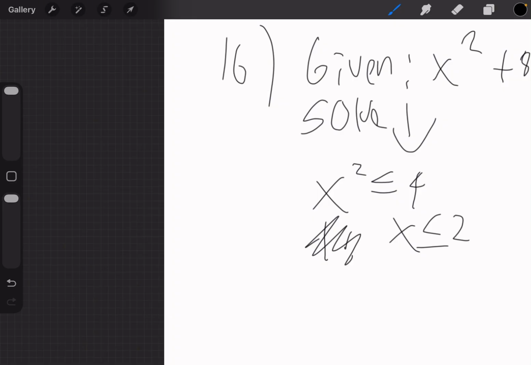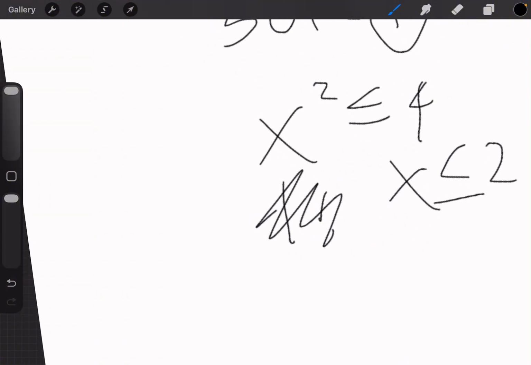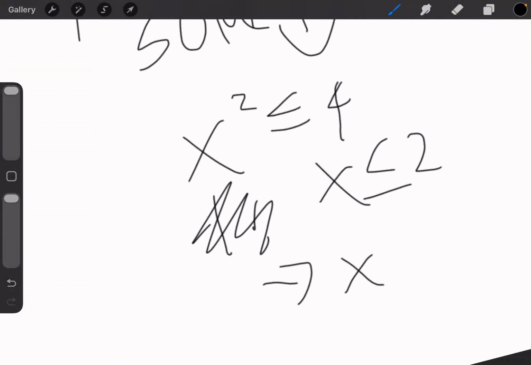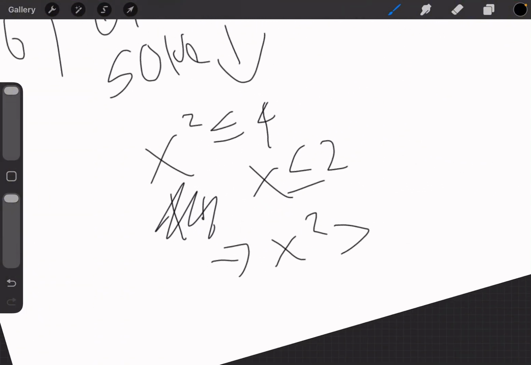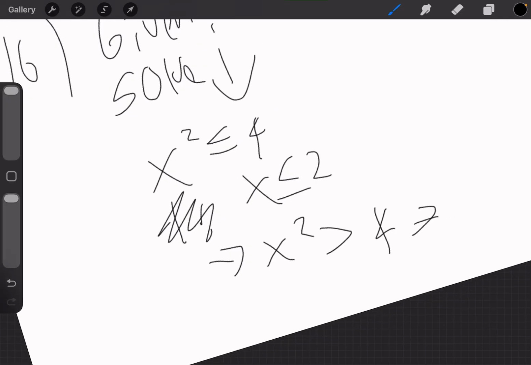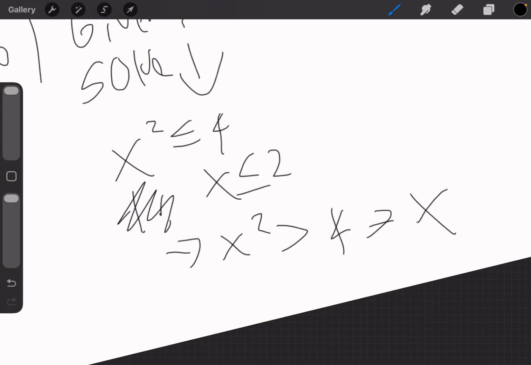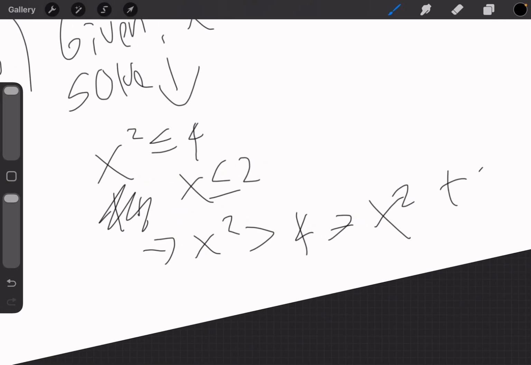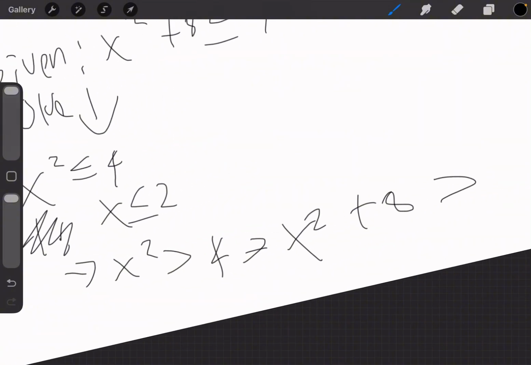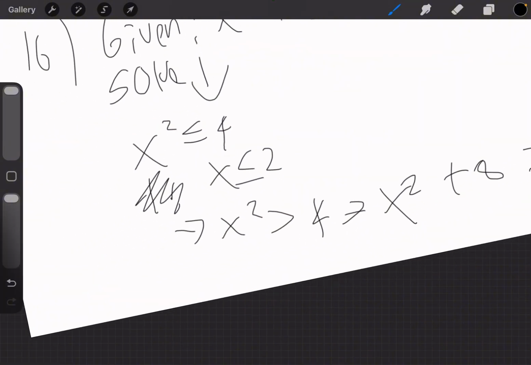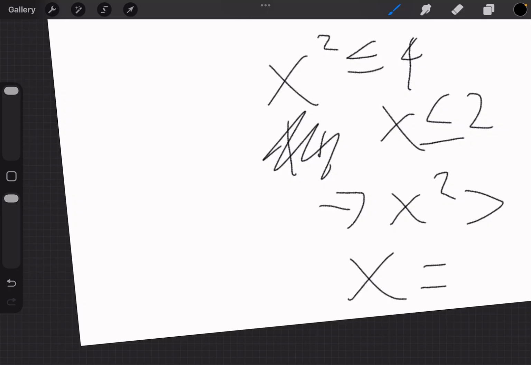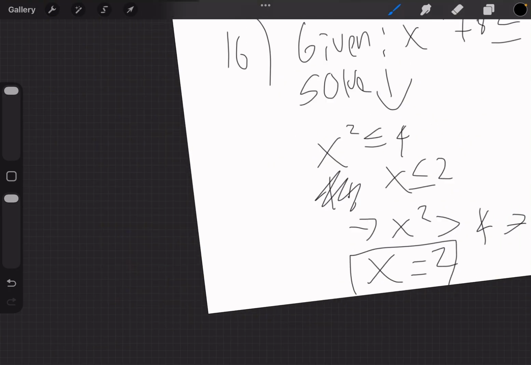So assume x is bigger than 2, then x squared is larger than 4, so x squared plus 8 is bigger than 12. So in conclusion, x equals 2.